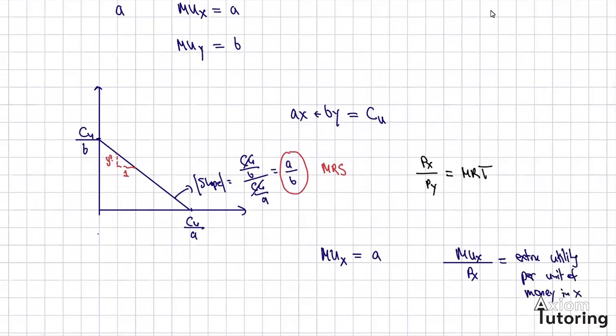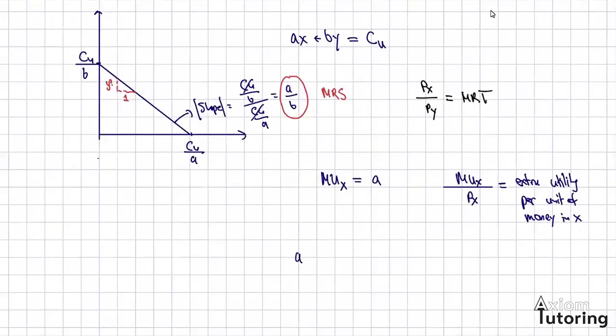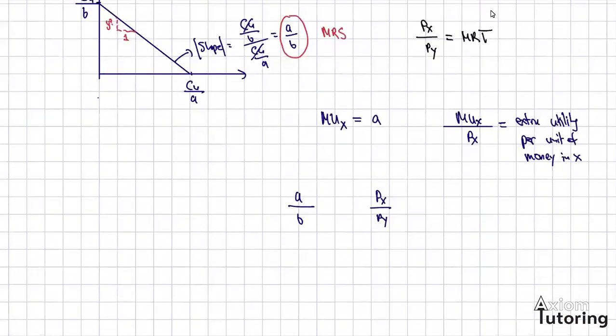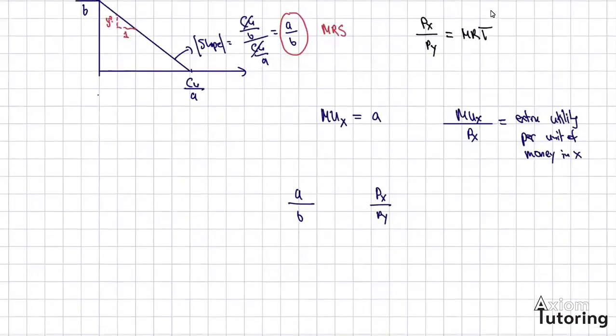in X. And so when we're comparing A over B with Px over Py, you can think of it as comparing the marginal rate of substitution with the marginal rate of transformation and making a decision on there. Or you can more nicely think of it as A over Px versus B over Py.